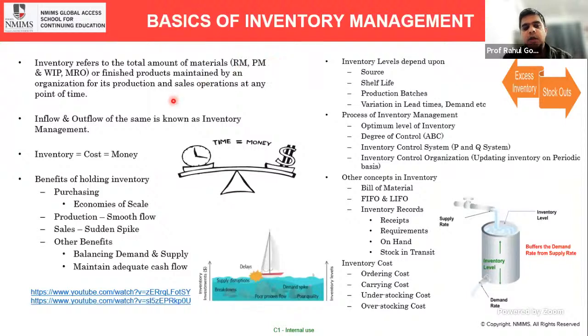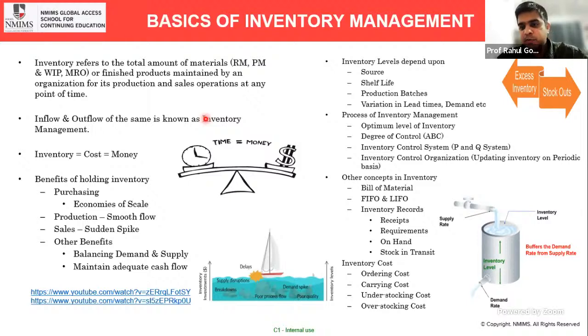We understood the definition of inventory in terms of raw material, packaging material, work in progress, maintenance and repair material, plus your finished goods. All of this put together is called inventory for any organization. And we understood what inventory management is, which is the management of inflow and outflow and the storage of all of these kinds of inventories.